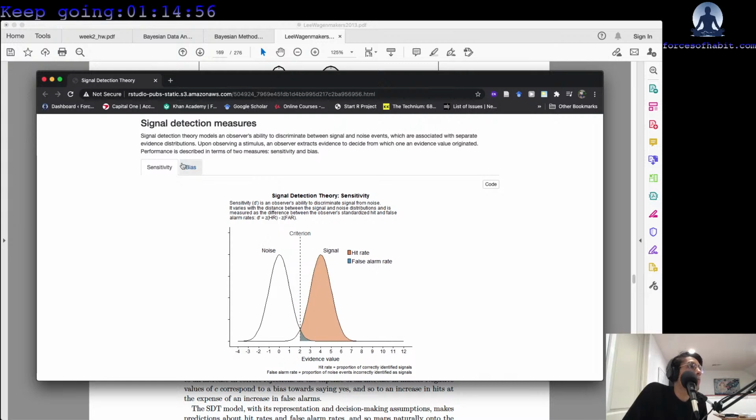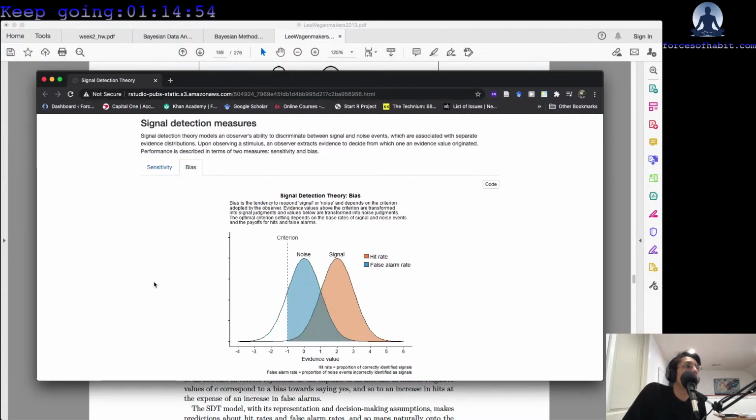Right. And then here is what differences in bias look like, where when we're at the middle, we have no bias, equal proportion, with some proportion of false alarm rates.